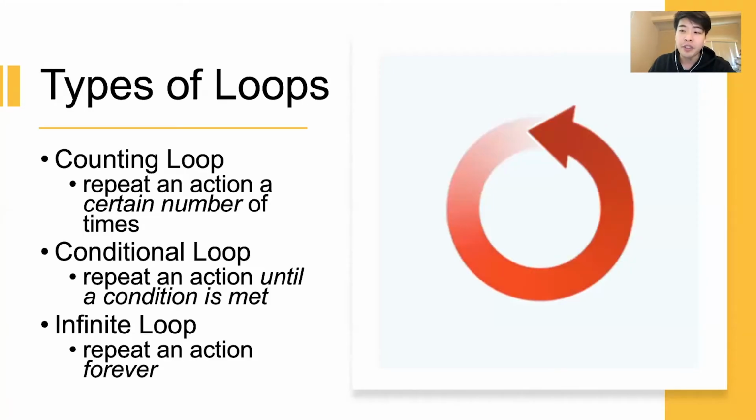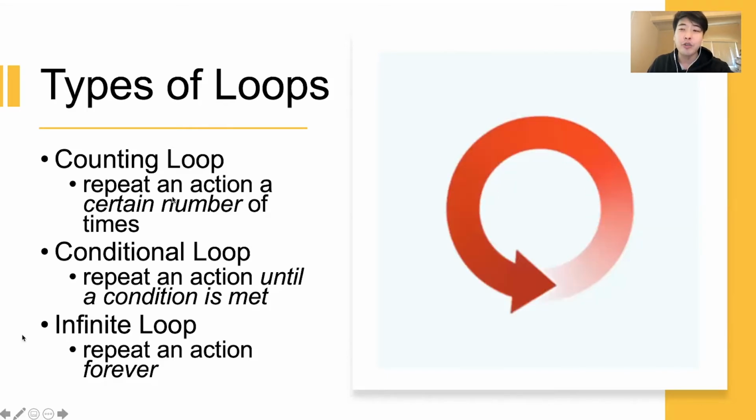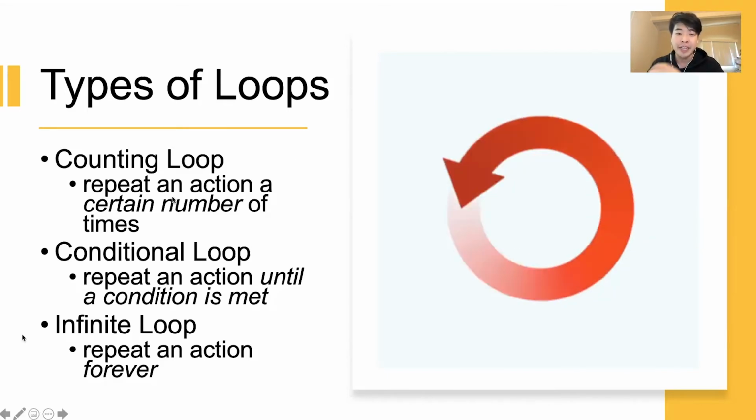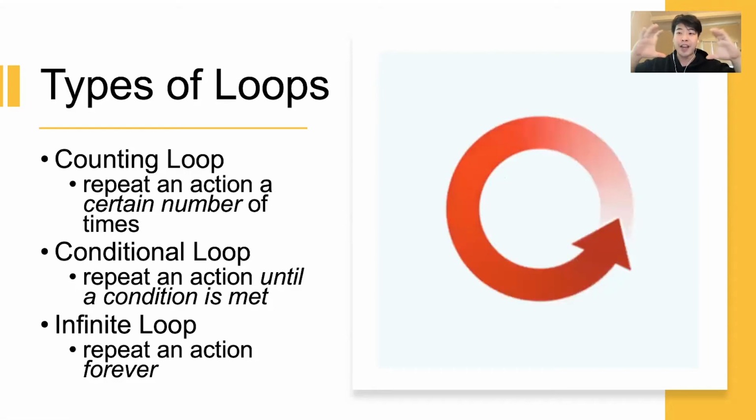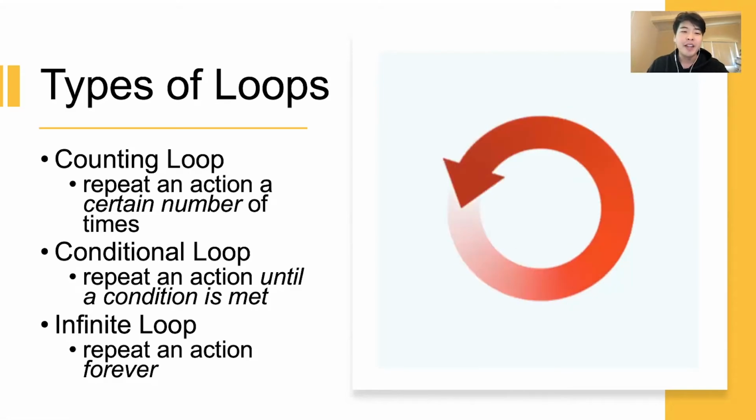All right, different types of loops. Well, there are three major ones. One is counting loop, second one is conditional loop, and third one is infinite loop. I think the names are very self-explanatory, but just to explain a little bit about each one, counting loop simply means repeat an action. Even though I said an action, it could be a sequence of actions, meaning a group of actions, okay? So repeat an action a certain number of times.